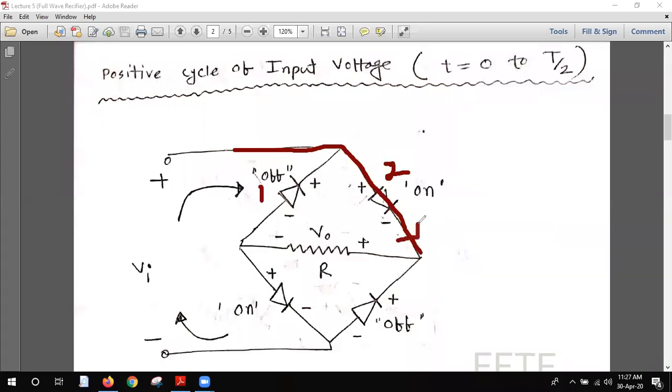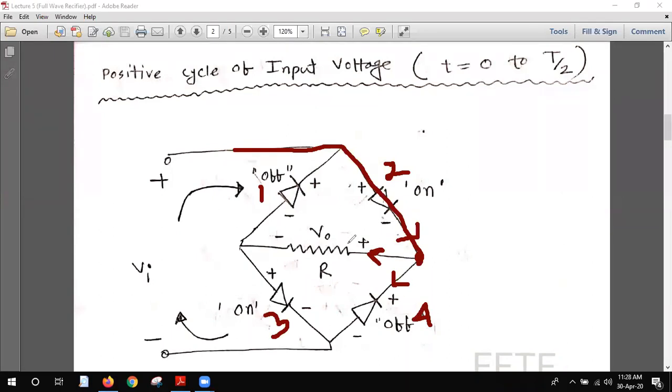Now the current has come to this point, and it has two paths. One is the resistance path, one is another diode. Suppose this is diode number 3, this is diode number 4.